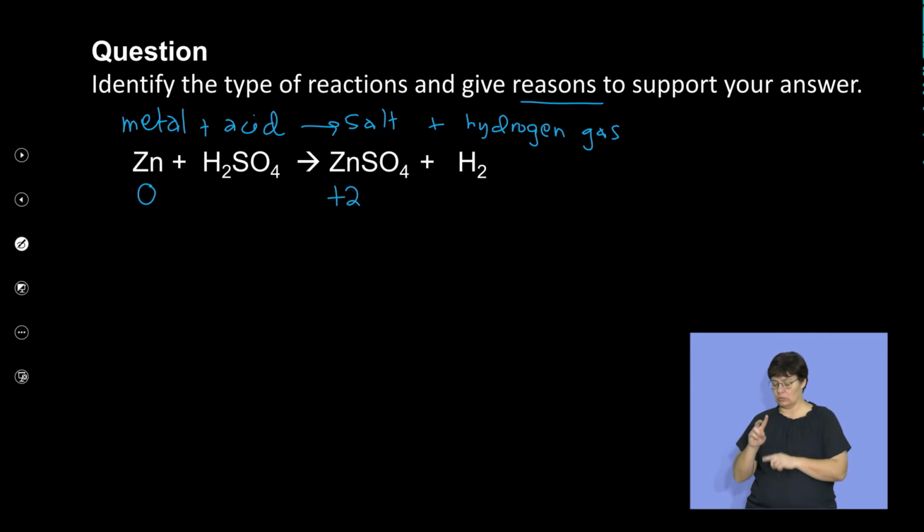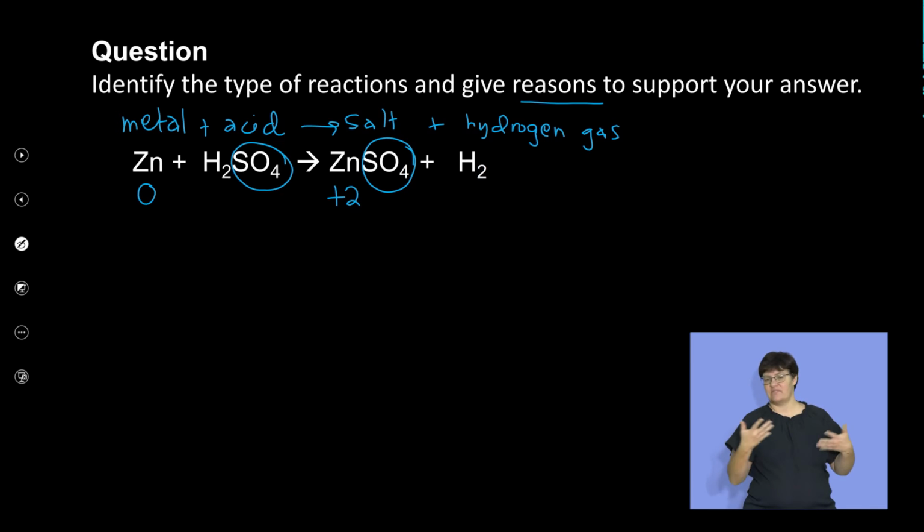And if you check, the zinc undergoes loss of electrons in this case. While if you check the sulfate ion, it is a spectator because its oxidation number does not change. So we can represent the change in the oxidation number of zinc using a half reaction.